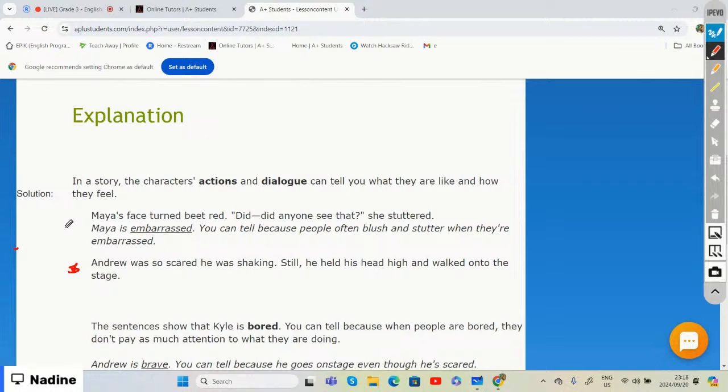If we look at the sentence that says Andrew was so scared he was shaking, still he held his head high and walked onto the stage, how do you think Andrew really felt? So, how do you think he really felt since he had to walk on the stage?